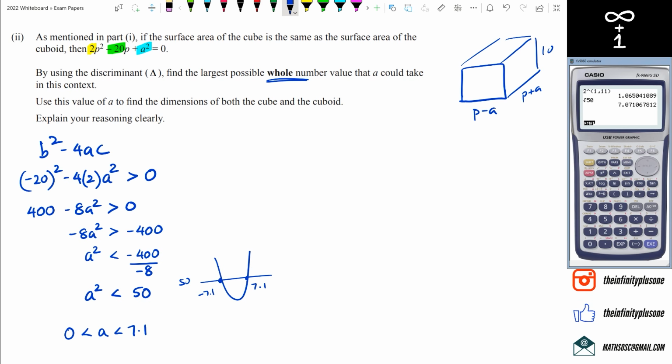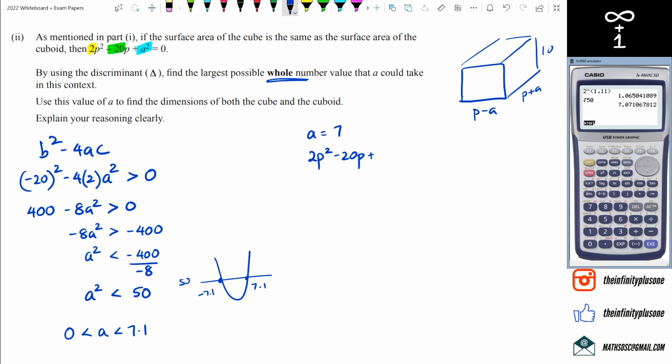So I guess the first thing we want to do is put a equal to 7. And we've got to try and figure out, because if you look at the second part of the question, use this value of a to find the dimensions of both the cube and cuboid. So we're going to put a in to work out what the dimensions of the cuboid are. We're going to try and figure out what the p values are. So we've got 2p squared minus 20p plus a squared.